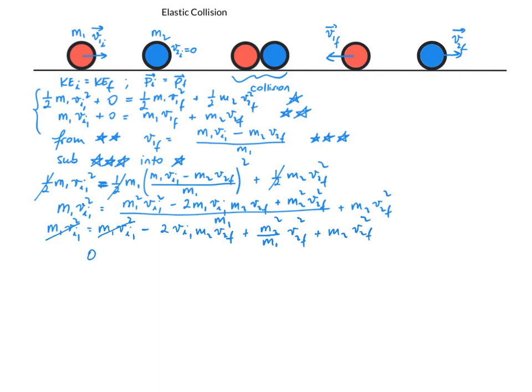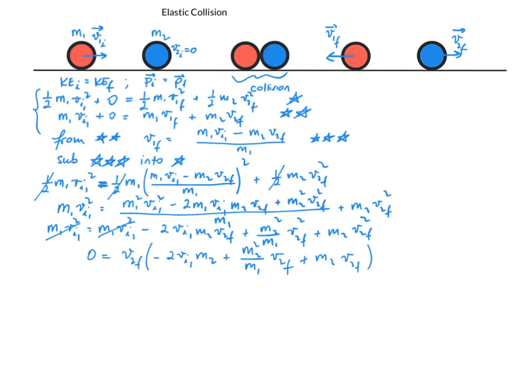So now I have 0 on the left side, and that's equal to v2 final times negative 2 v initial 1 m2 plus m2 squared divided by m1 times v2 final, because I factored out one v2 final, but this is v2 final squared, plus m2 v2 final.